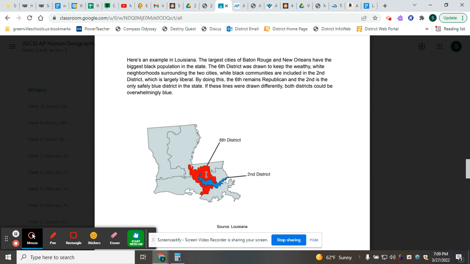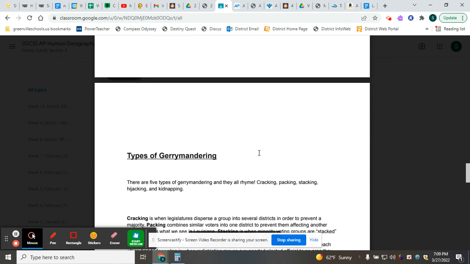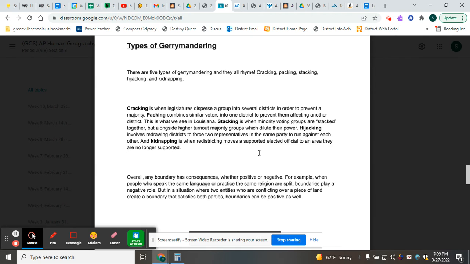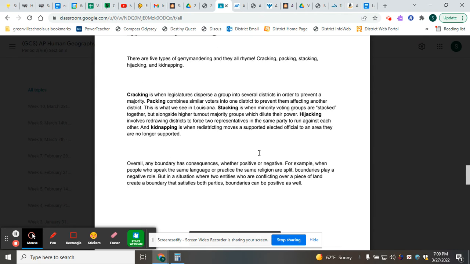And so if you are the Republican congressman or woman who represents that district, you're never going to have to really worry too much about getting reelected. There are some different types of gerrymandering: cracking, packing, stacking, hijacking, and kidnapping.